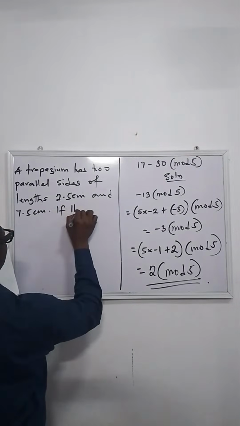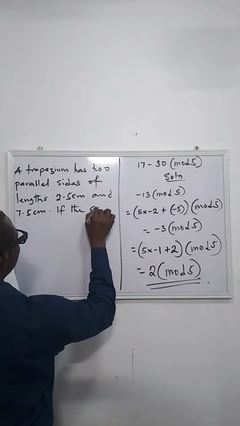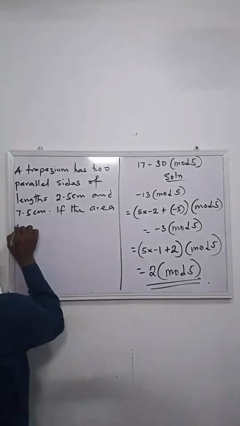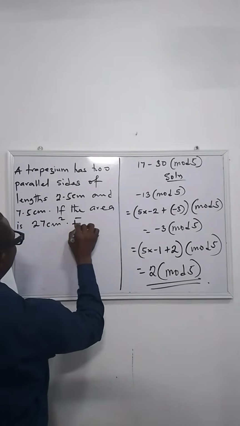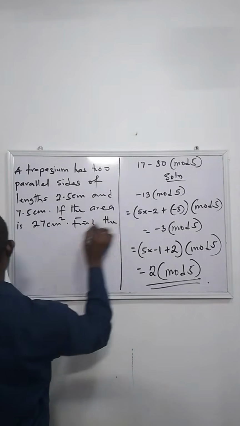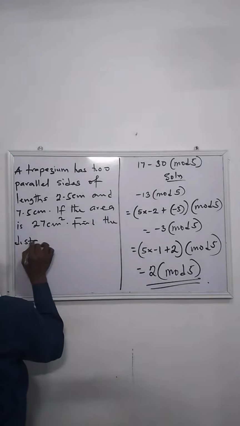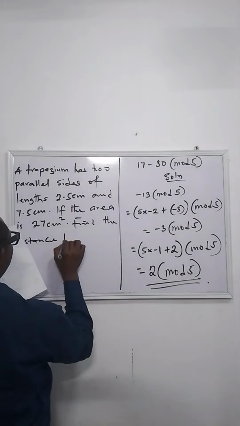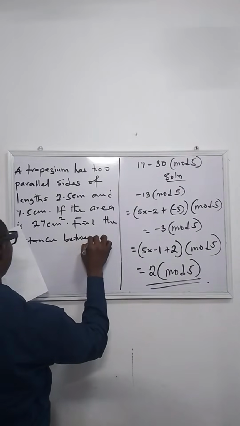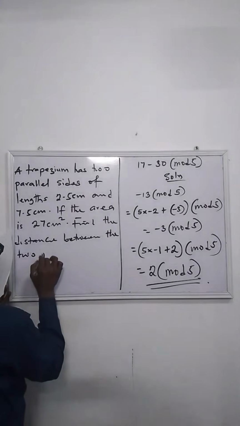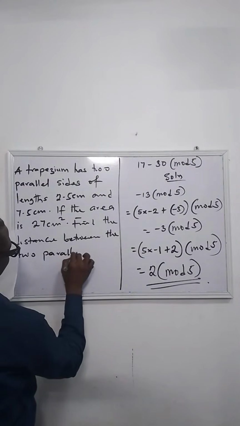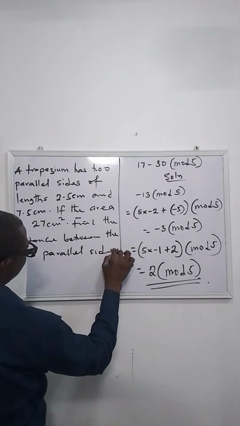Now, if the area is 27 centimeters square, now find the distance between the 2 parallel sides.